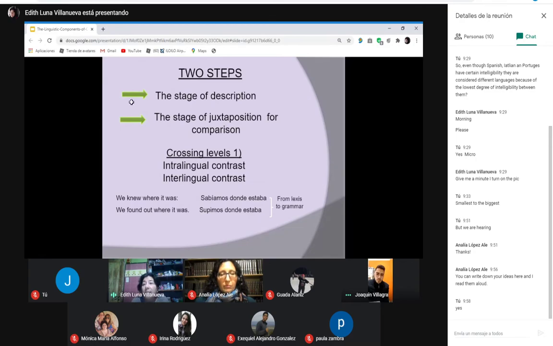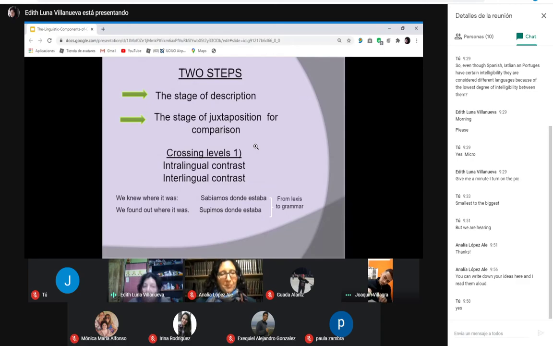Imperfecto is translated into past continuous. But it's very unlikely to say, I was knowing where it was. Do you find that natural for an English speaker? I was knowing where it was. No. No. Grammar does not allow that construction. So that is not a possibility to consider these from the same level.